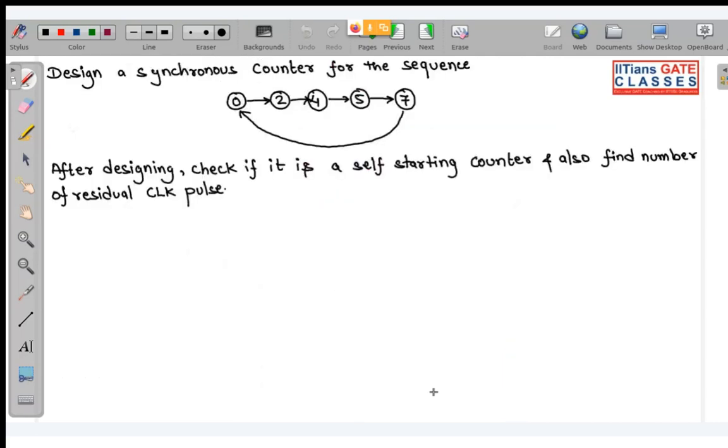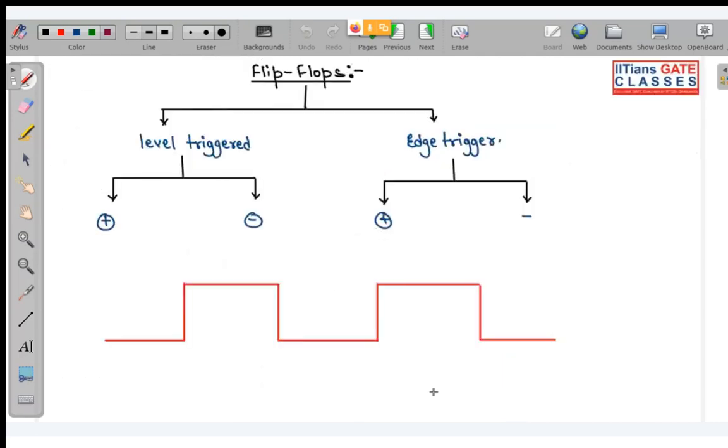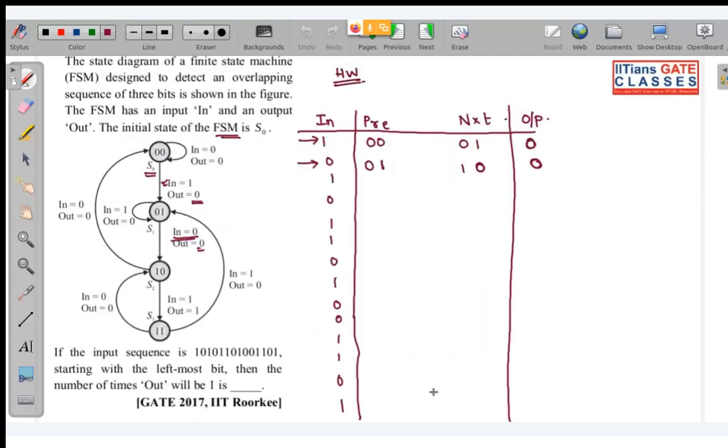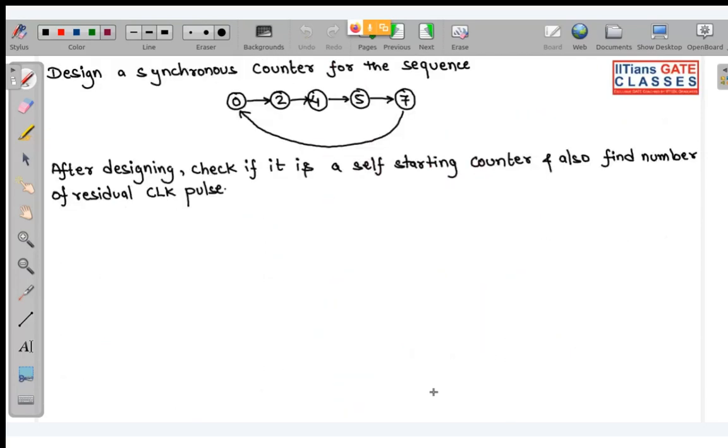Okay, so now this question we can solve. We need to design a synchronous counter for this sequence. First design the counter for this state diagram.